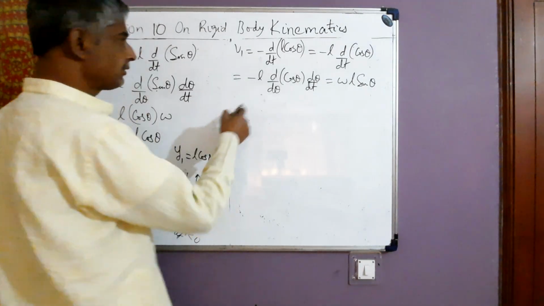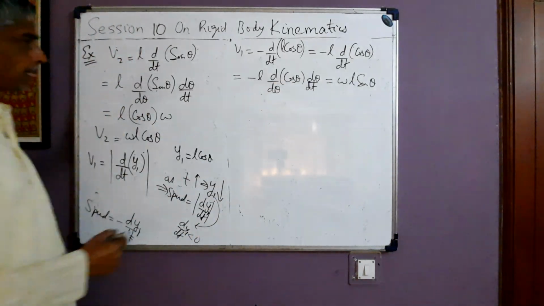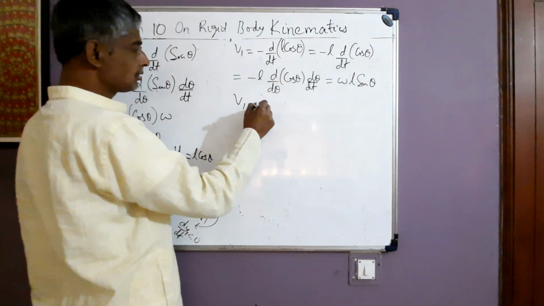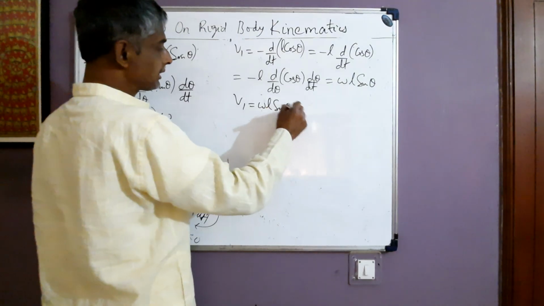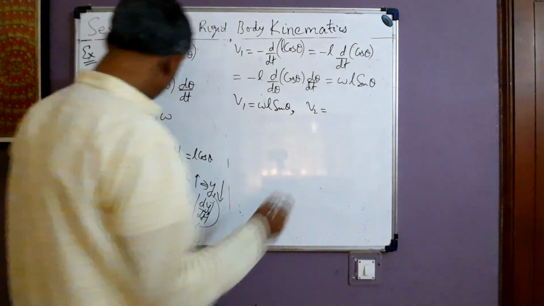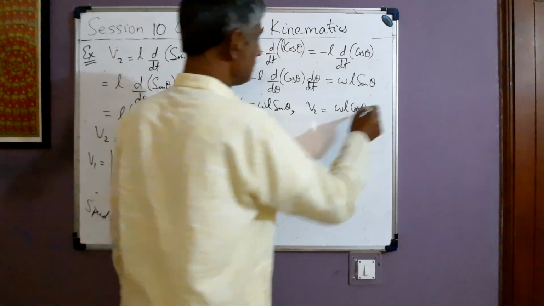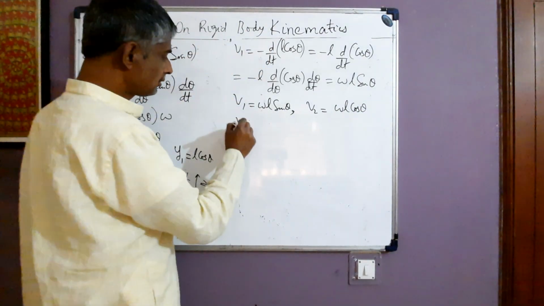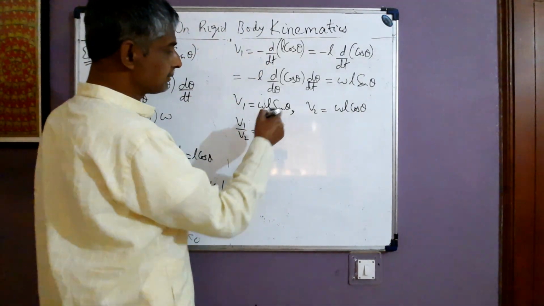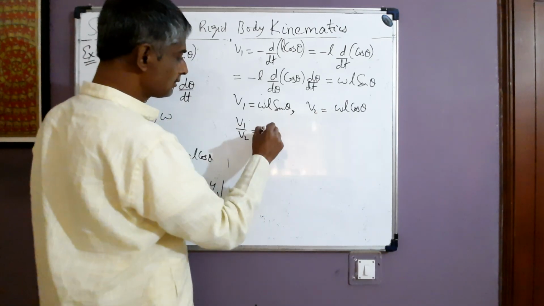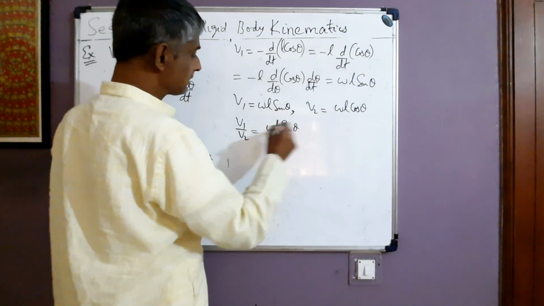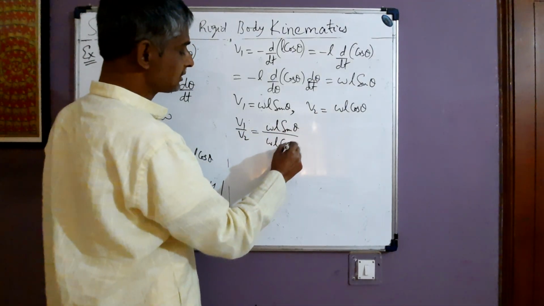So V1 becomes this, V2 becomes this. V1 is equal to omega L sin theta. V2 is equal to omega L cos theta. We have to find V1 by V2. So V1 by V2 is omega L sin theta by omega L cos theta.